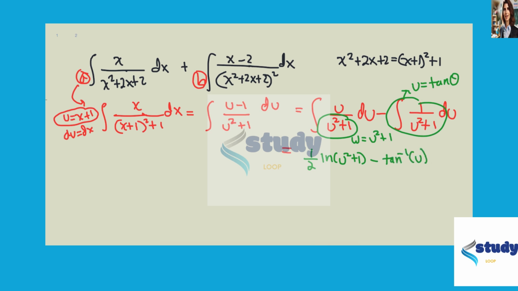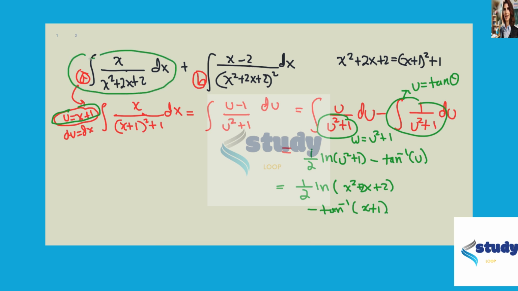And then go back in terms of x over here. So you could go ahead and simplify that, and then u is just x plus 1. So that takes care of this first integral here.